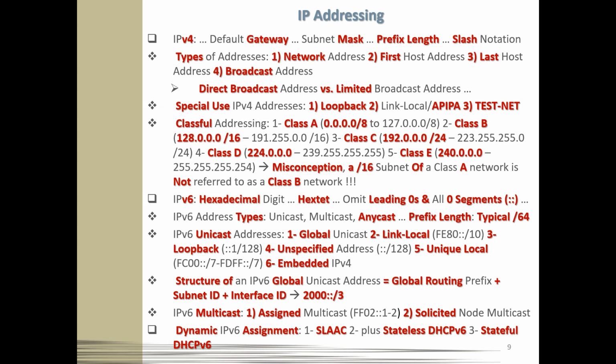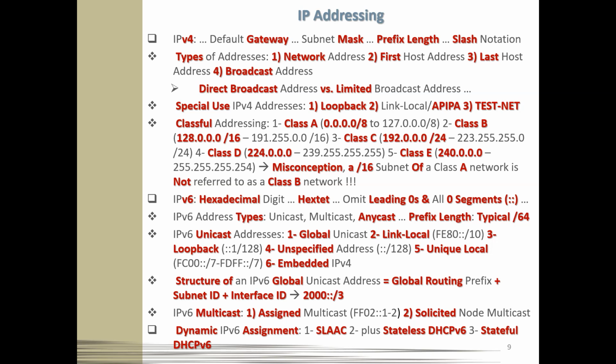Next, we examine the structure for global unicast address. It has three different parts and it's very important. The first part is global routing prefix. Second part is subnet ID, and the third part is interface ID.